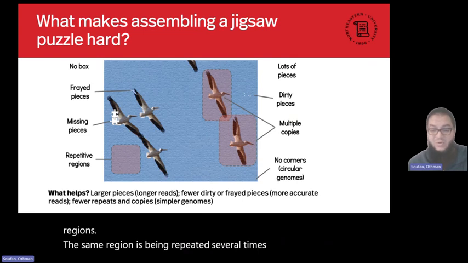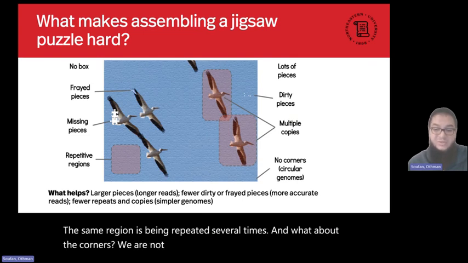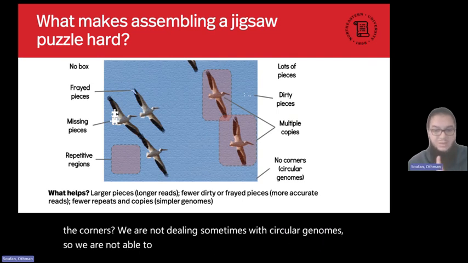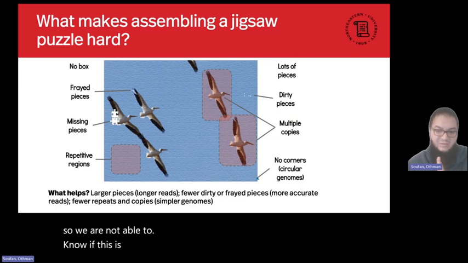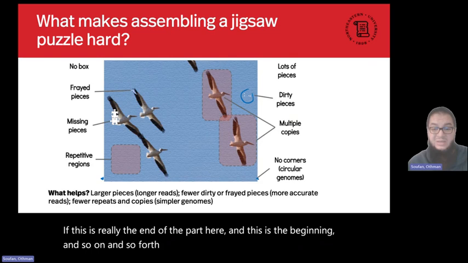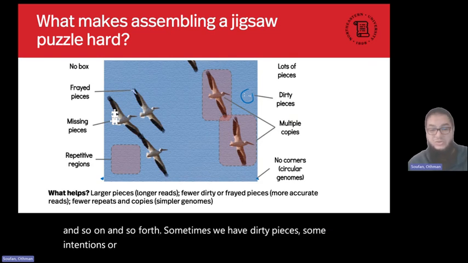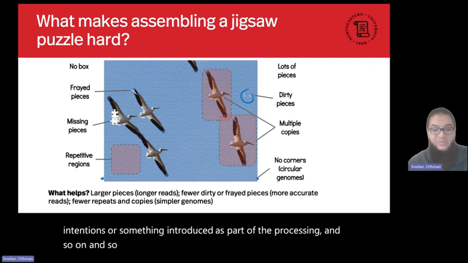And what about the corners? We are not dealing sometimes with circular genomes, so we are not able to know if this is really the end of the part here and this is the beginning, and so on and so forth. Sometimes we have dirty pieces, some mutations or something introduced as part of the processing, or frayed pieces.